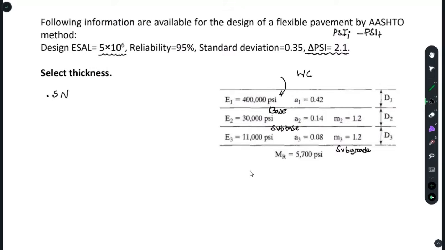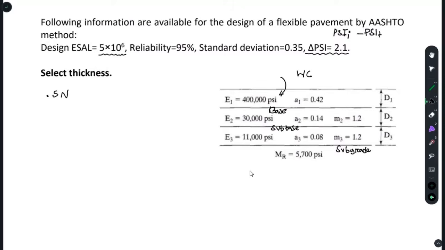Based on these parameters, ESAL, reliability and standard deviation, and E1, E2, and E3, we will first of all find out structural number. These are the first requirement. And based on structural numbers, we have a formula. Using that formula, we'll find out the value of D1, D2, and D3.